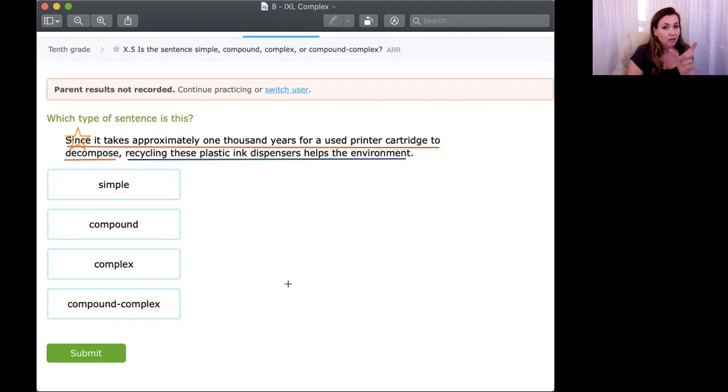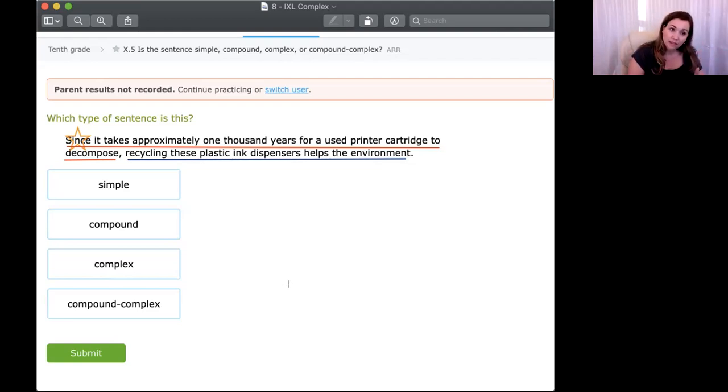Let's read the whole thing and see if it is. Since it takes approximately 1,000 years for a used printer cartridge to decompose, that definitely has a subject and a predicate. And I'm left wondering, so what happens since it takes approximately 1,000 years? That definitely fits the criteria for a dependent clause.